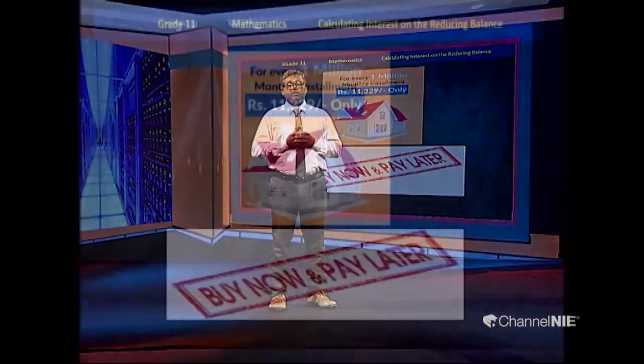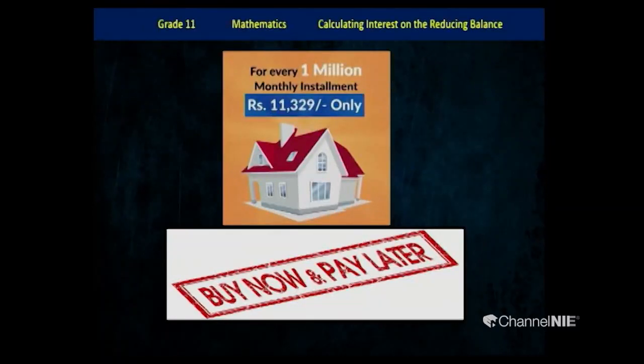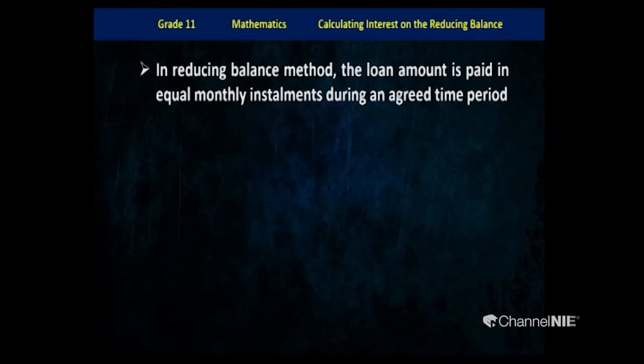I think such an advertisement is very familiar to you. For every 1 million, the monthly installment is only rupees 11,329.